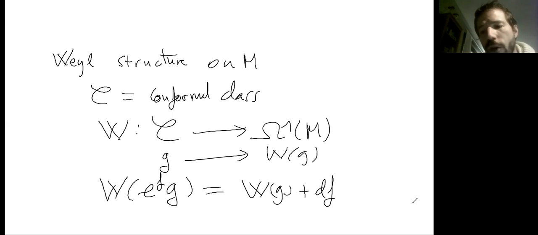So let me now show you what happens with the divergence in the Courant algebroid.